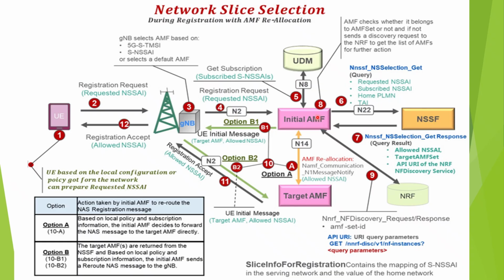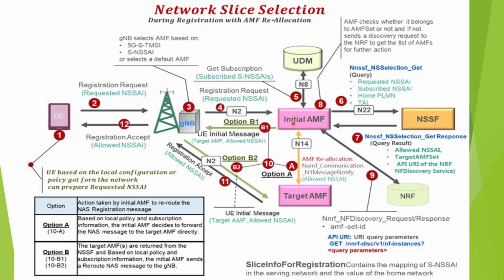It checks whether that AMF belongs to it, or whether it is required to generate a new request, and it decides. Then it sends the information to the network repository function. The NRF generates the NF discovery request response and gives it back to the initial AMF.